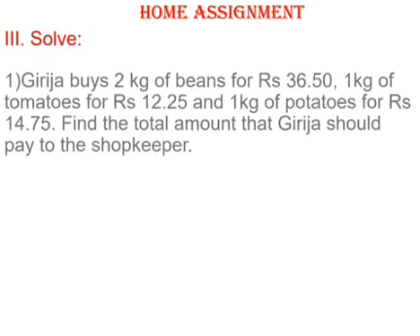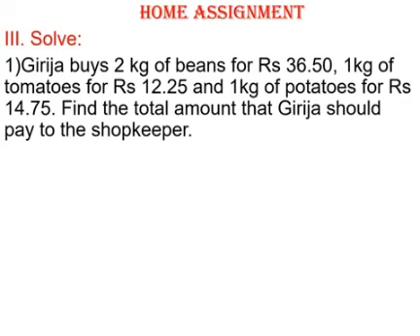Solve. The first question is: Girija buys 2 kg of beans for rupees 36.50, that is 36 rupees 50 paise, 1 kg of tomatoes for rupees 12.25, or 12 rupees 25 paise, and 1 kg of potatoes for rupees 14.75.